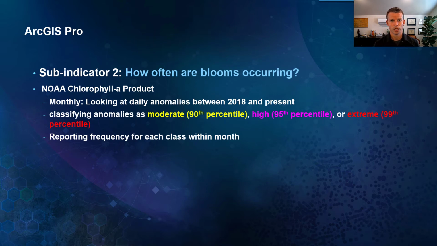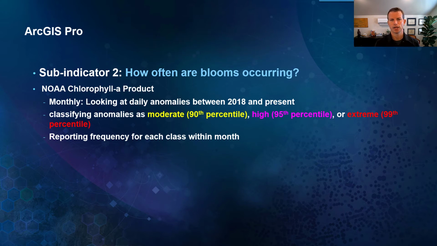In this case, we had 3 different levels that we were classifying to based upon the severity of the anomaly. That would be the 90th, 95th, and 99th, and that would be moderate, high, and extreme respectively. And again, for this one, we're looking at a frequency.